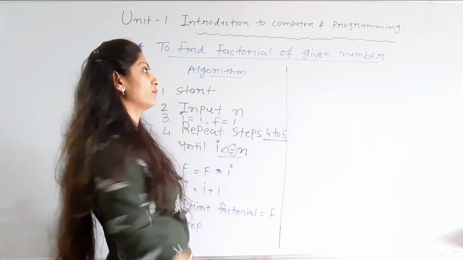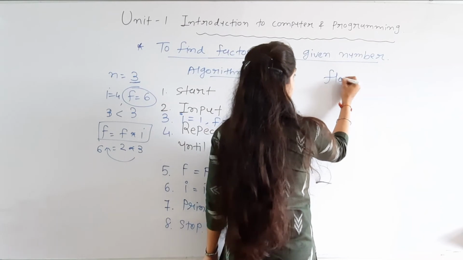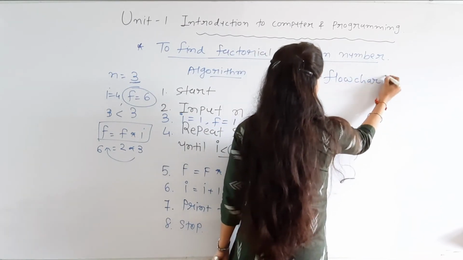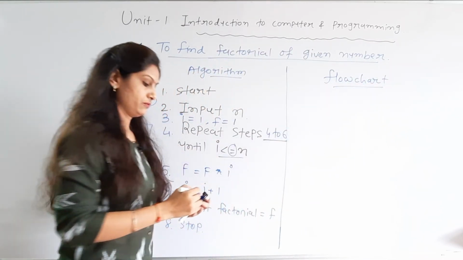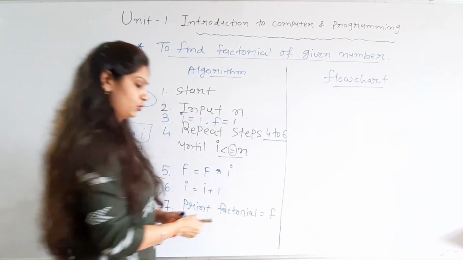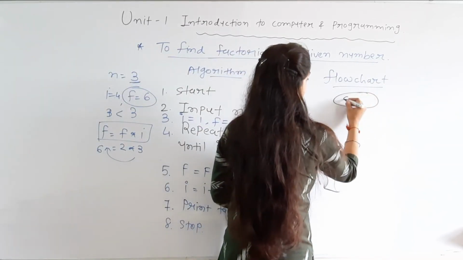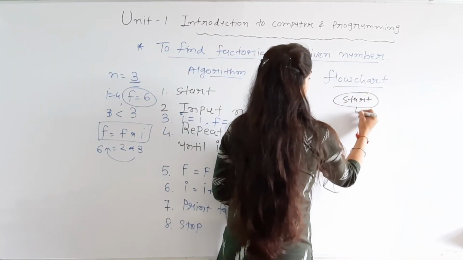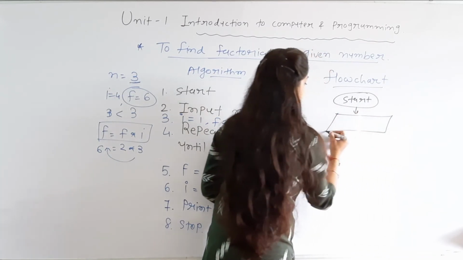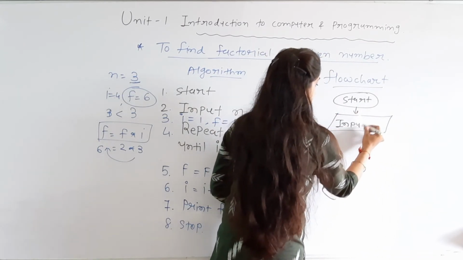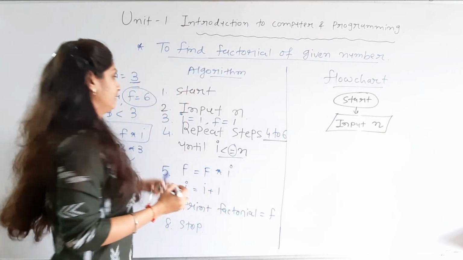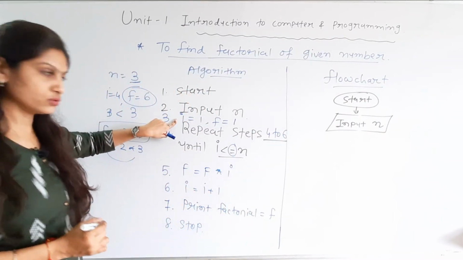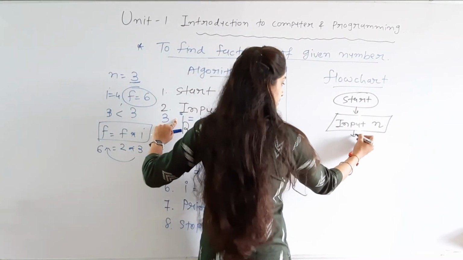This algorithm we have to convert into a flow chart. So draw the flow chart here again. First you draw an oval shape for start, then input always in a parallelogram, n. Then third step is process, that is our calculation.